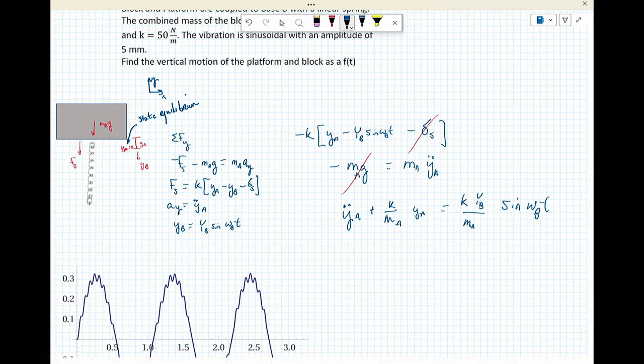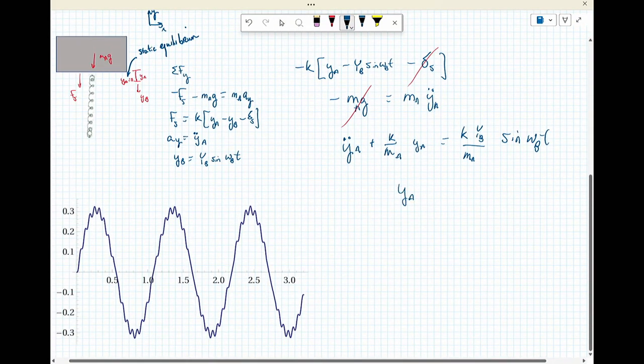So I've written at that point a full form of the equation. I don't have any damping in this, so it will not decrease in amplitude, but on the right-hand side, this will make up my complementary solution, this will make up my particular solution. And in this case, too, I know yb is 5 millimeters, so I could save myself a little bit of trouble, but that's okay.